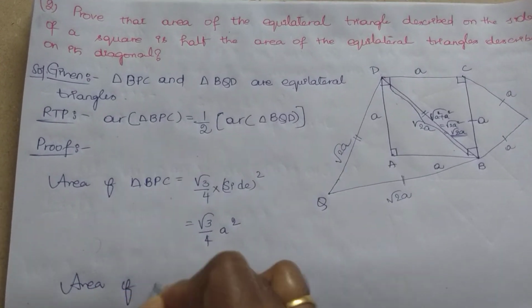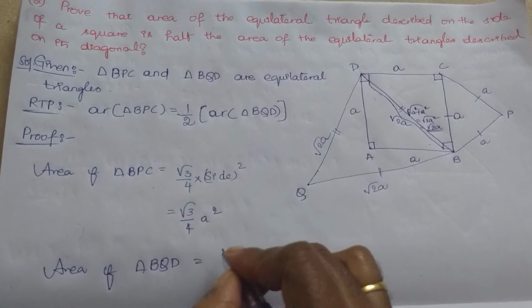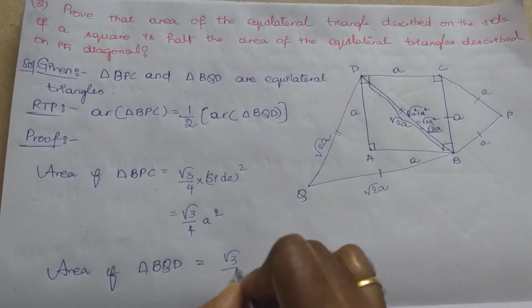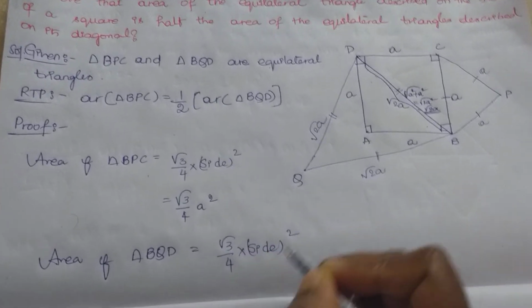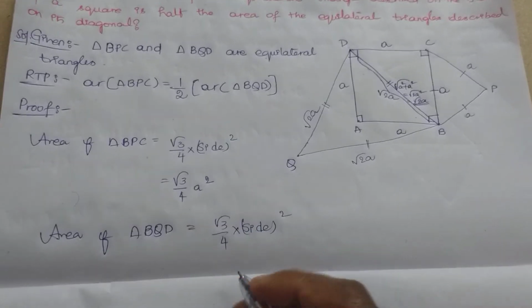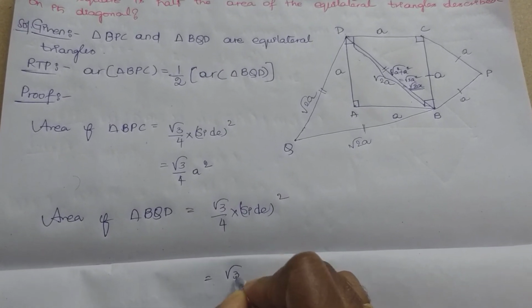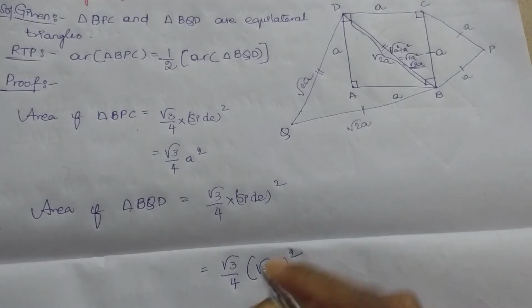Area of triangle BQD equals, what can we write? Since this is also an equilateral triangle, the formula will be the same, root 3 by 4 into side square. What is the side for triangle BQD? It is root 2 A. So I write root 3 by 4 into root 2 A whole square.